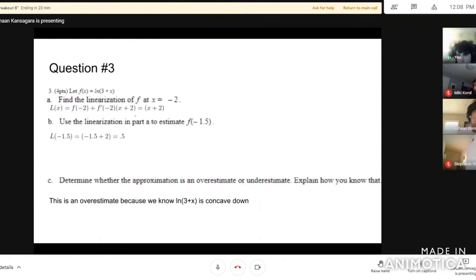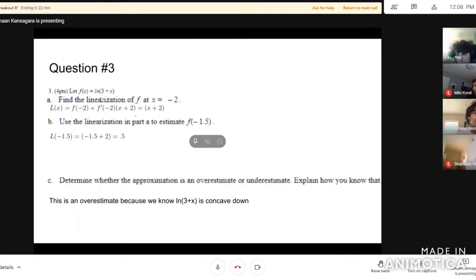So for question 3, you need to use the linearization equation. So at x equals -2, the equation is f of -2 plus the slope, or the derivative at -2, times x plus 2.